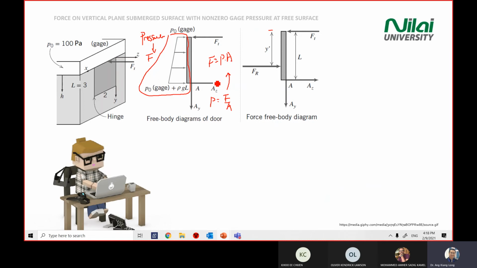The resultant force will come in a pair, X prime and Y prime. In hydrostatic problems and all the tutorial questions, we always start with Y prime, then we continue with X prime.